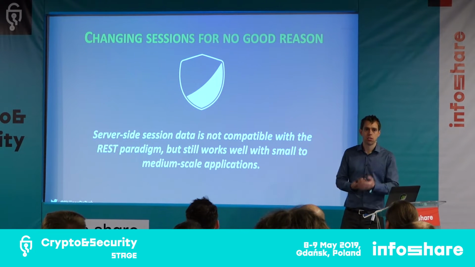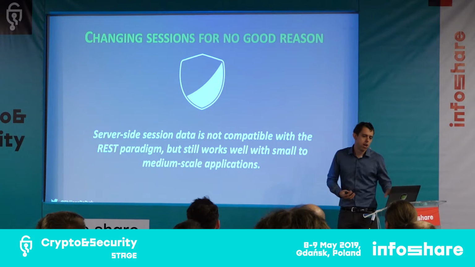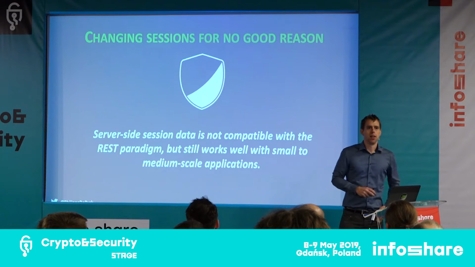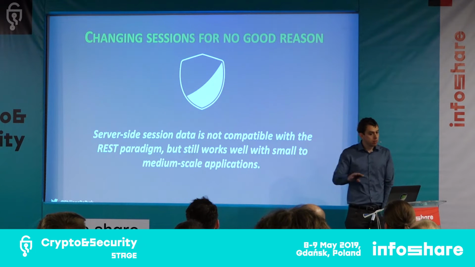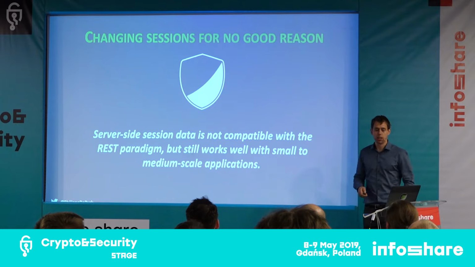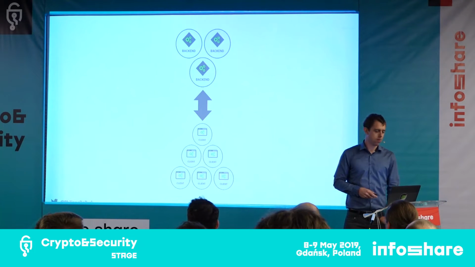Do it for the right reasons. Scalability is a very good reason. Different types of clients that cannot deal with server-side state might also be a good reason. But make sure you have a reason other than to build a pure API. Of course, if you plan for scalability in the future, that's also fine. Two down, a couple more to go. I haven't counted them, so I have no idea how long we have to go, but there's more coming.